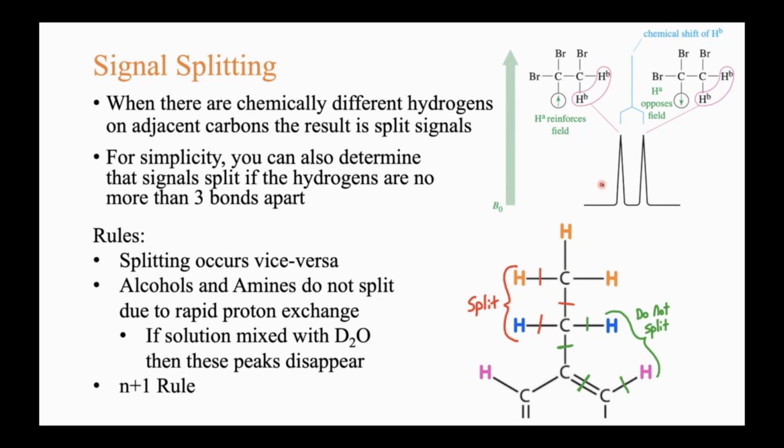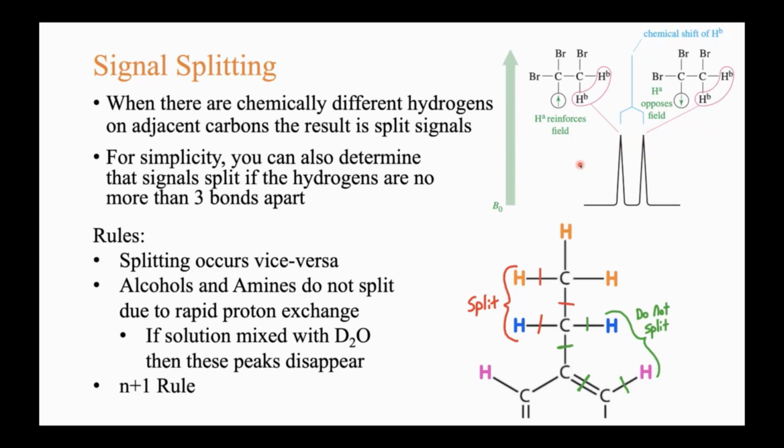This is because up here, you can see that an individual proton is the formation of a doublet. We see that only one hydrogen has two options. It either reinforces the field or it opposes the field. And that creates two separate peaks close by one another because the field strength is different.